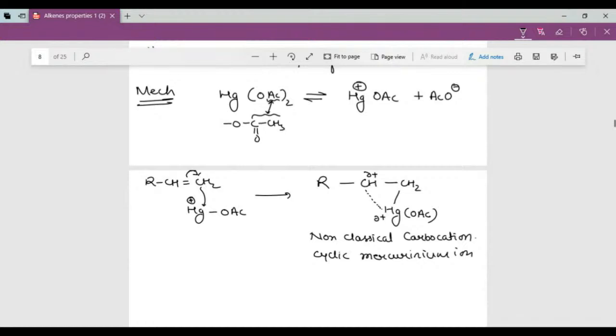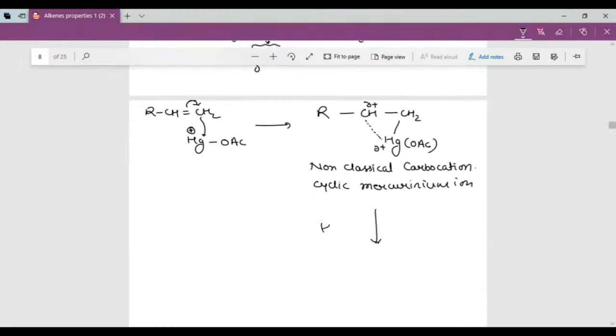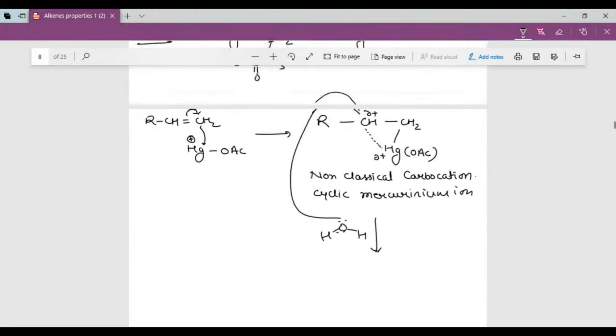And this is why when the solvent water now attacks, it will come on this. So I'll have RCH-OH2 plus CH2-HgOAc.